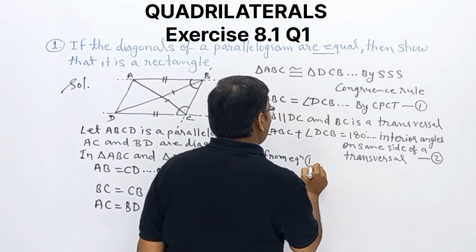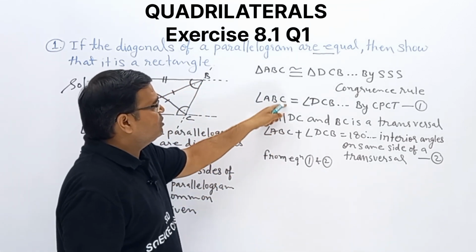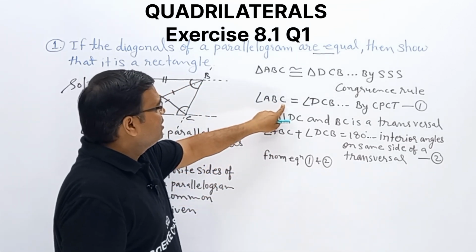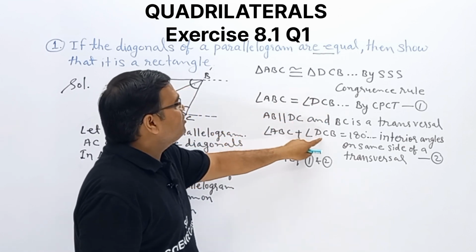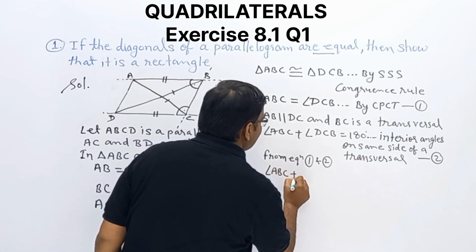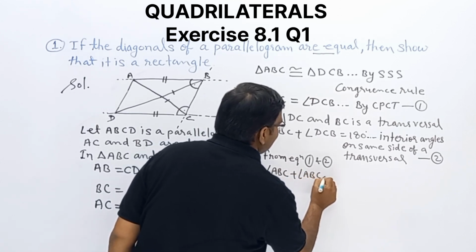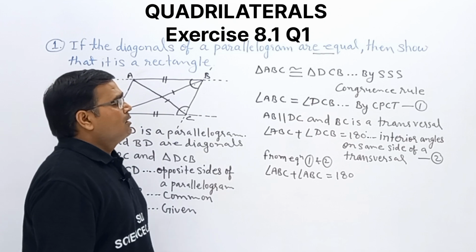From equation 1 and 2, once we compare both equations, from this equation we are putting angle DBC equal to angle ABC in this one. Then what are we getting? Angle ABC plus angle ABC equal to what? 180 degree. Are you getting or not?